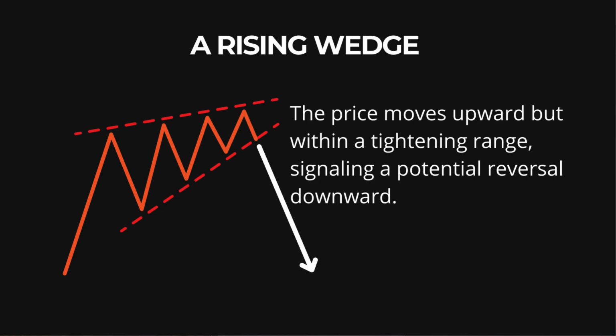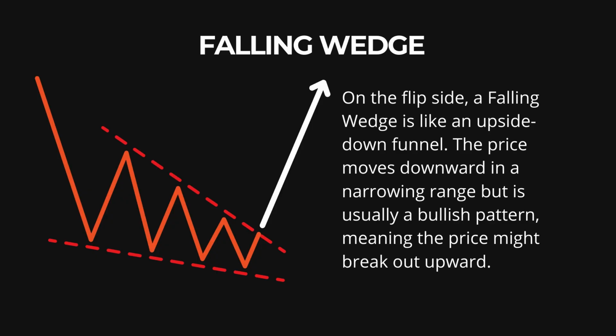A rising wedge is like water flowing through a funnel that's narrow at the top. The price moves upward but within a tightening range, signaling a potential reversal downwards. On the flip side, a falling wedge is like an upside down funnel.